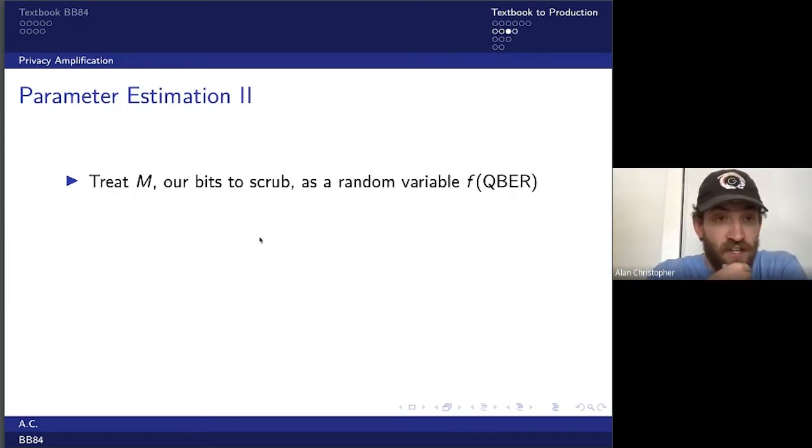Which basically leaves us with frequentist formalism. So how about we treat the number of bits that we need to scrub, and we're going to call that M, as a random variable, as a function of the same underlying event that gave us the quantum bit error rate.